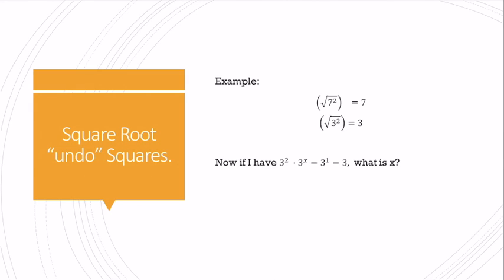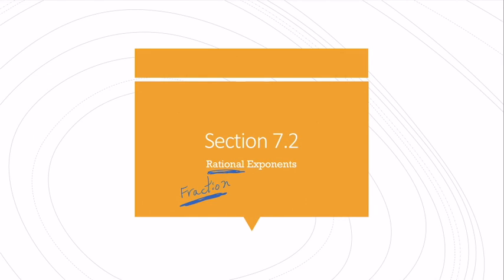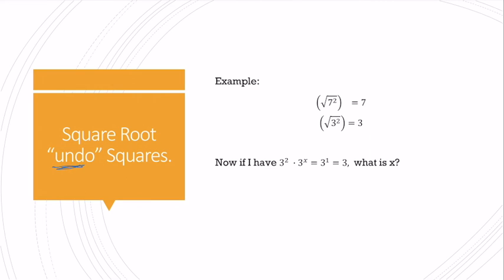So let's take a look at this. We learned in the last two sections that square roots undo squares. So the square root of 7 squared is going to give us 7. The square root of 3 squared is going to give us 3. Now, 3 and 7 each have an exponent of 1.